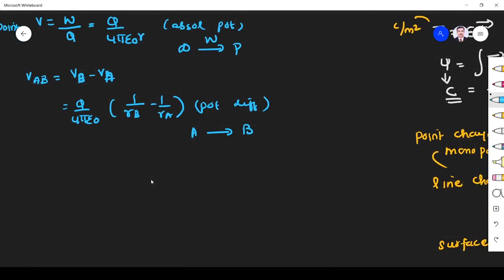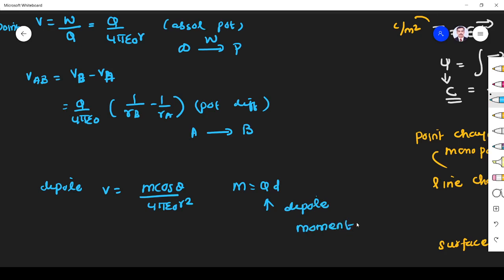Next one is potential due to a dipole. Potential due to a dipole is given by V is equal to m cos theta divided by 4 pi epsilon naught r square, where m is equal to qd, which is the dipole moment.